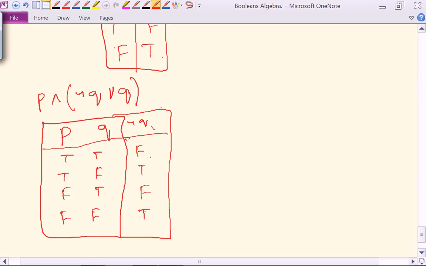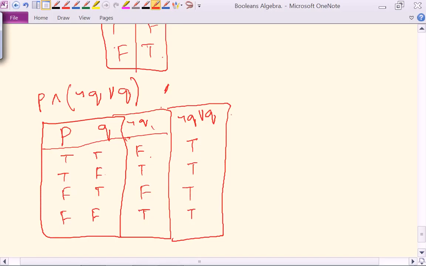Then I do the OR of negation Q with Q. True or false is true, and so on, so everything will be true, all true.